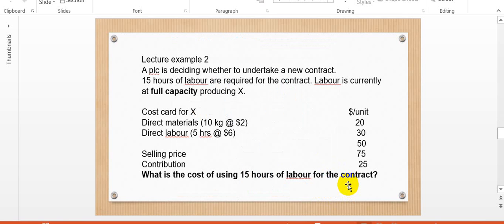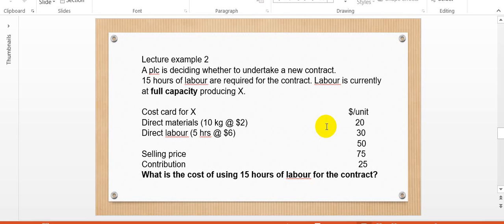Let's again demonstrate the relevant cost of labor with an example question. APLC is deciding whether to undertake a new contract. 15 hours of labor are required for the contract.